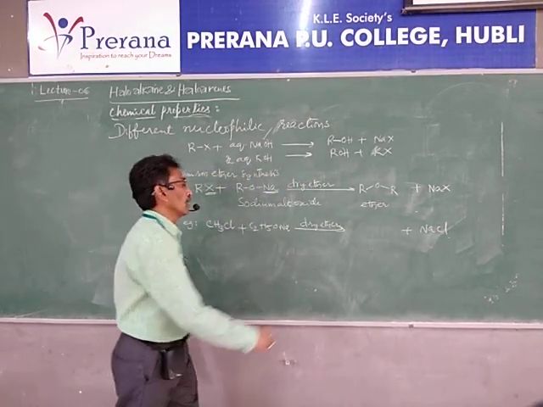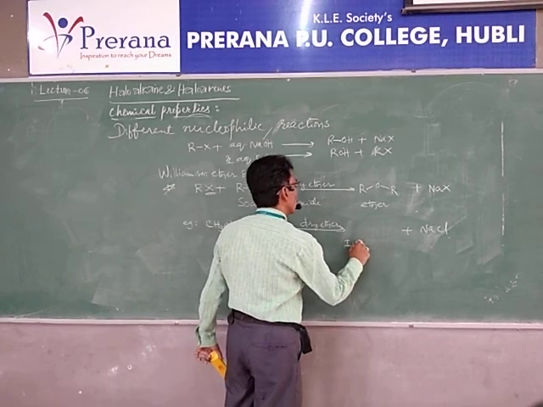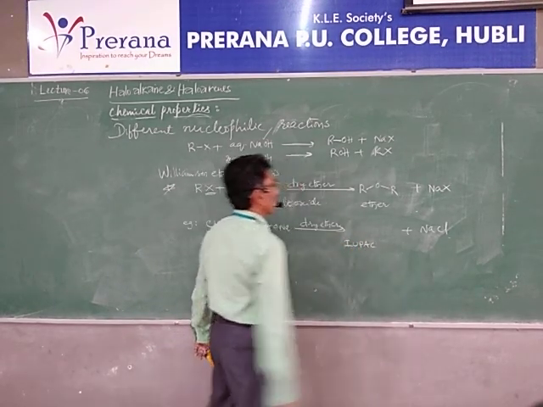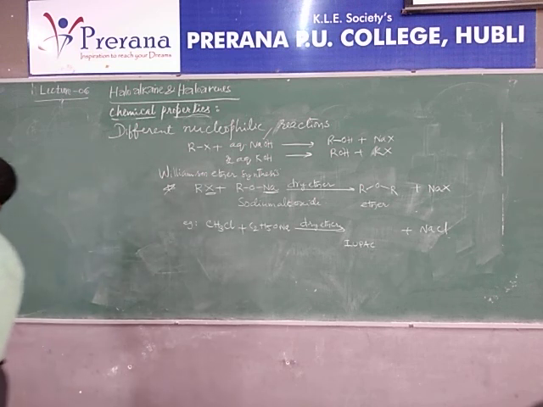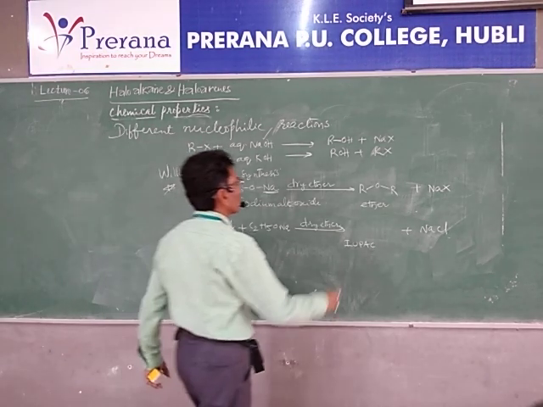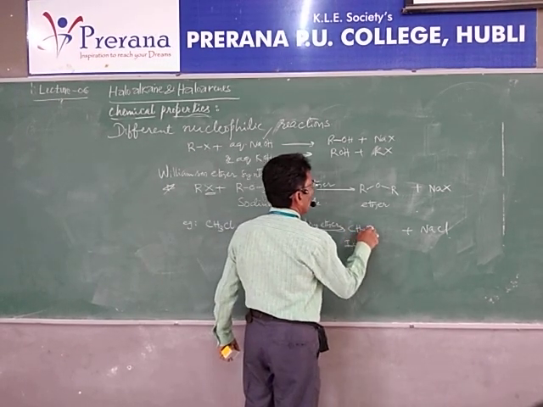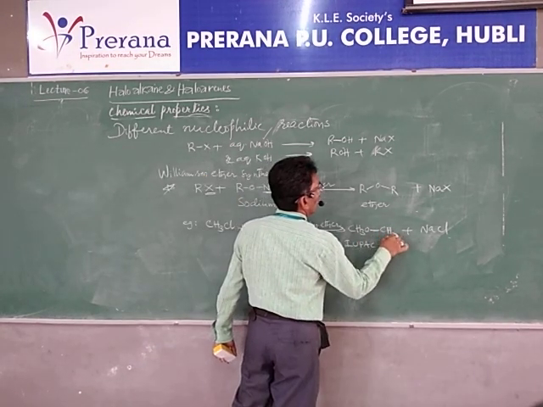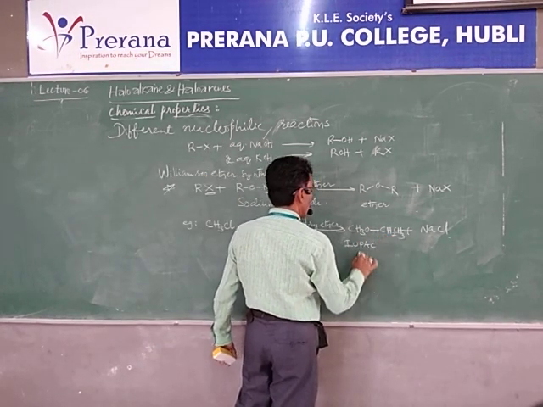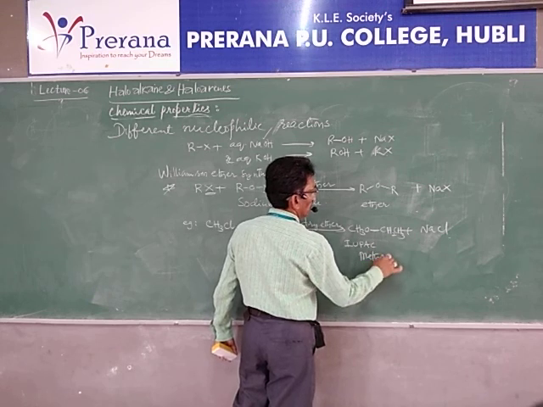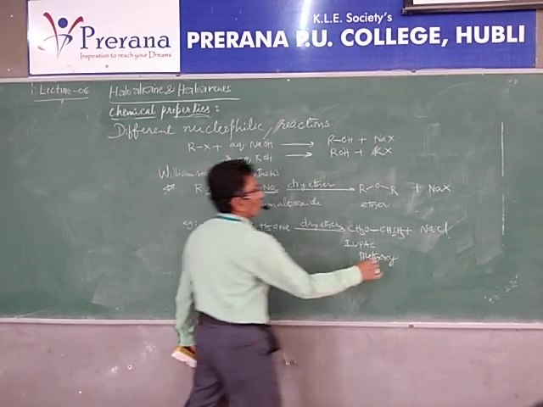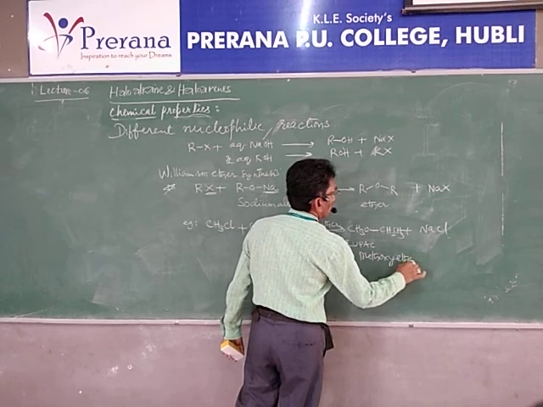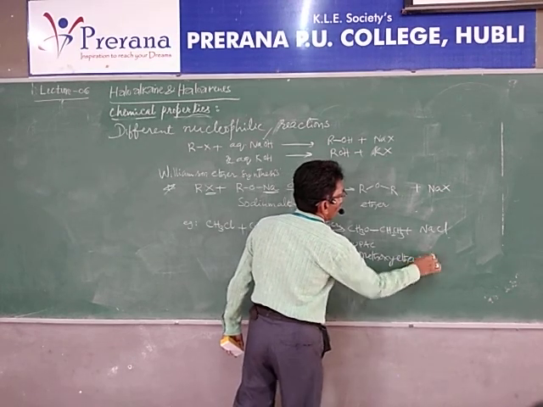What is the name of the product? I want your knowledge regarding IUPAC nomenclature of the product. Yes, methoxy. Just join your lips, that is methoxy with 2 carbon chain ethane. So its name is methoxyethane. 2 carbon chain is a longer chain, ethane.